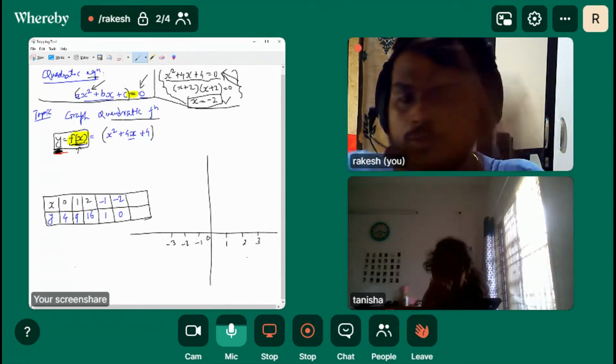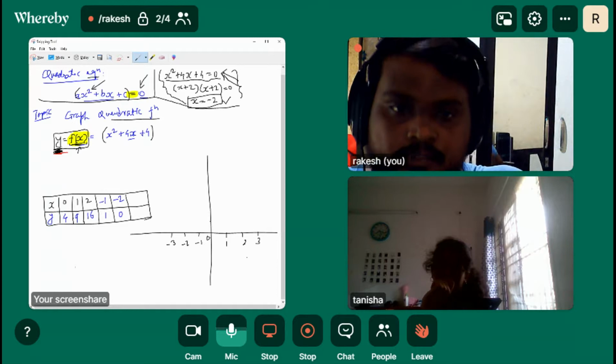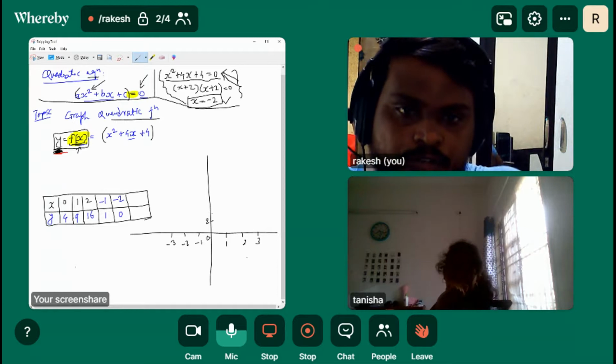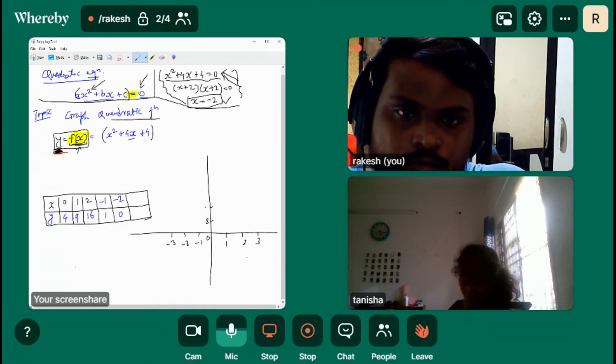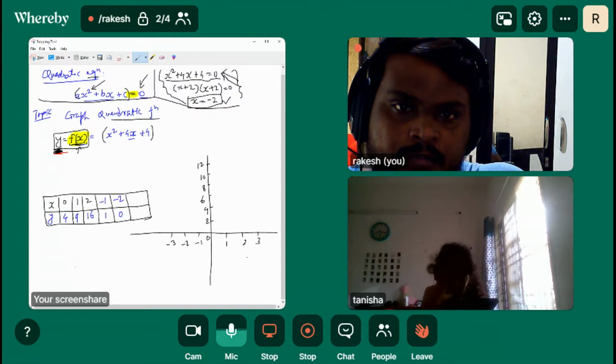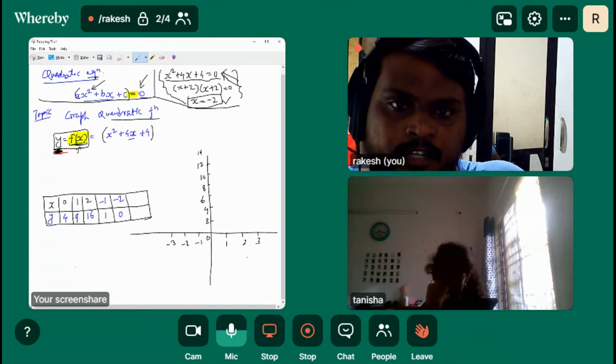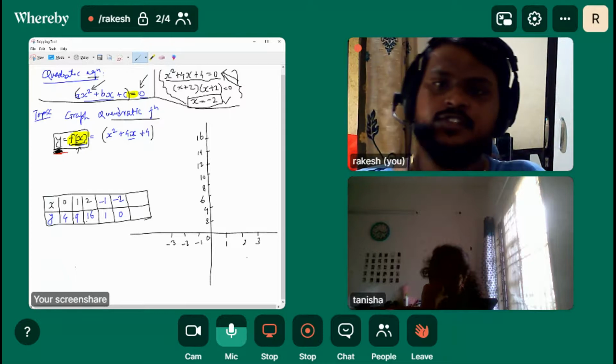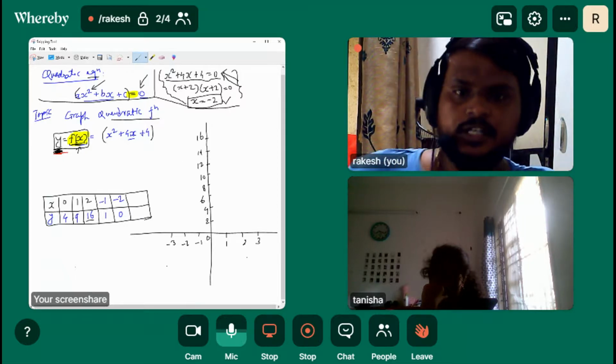If I take the scale as 1 centimeter equal to 2 units on the y-axis, so 2, 4, 6, 8, 10, 12, 14, 16. So the maximum value is 16, that should be covered.